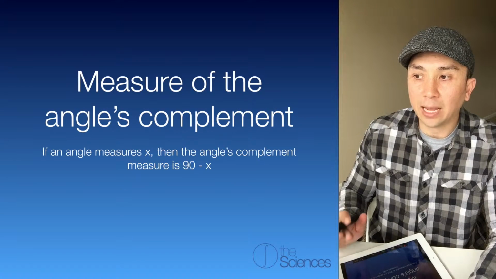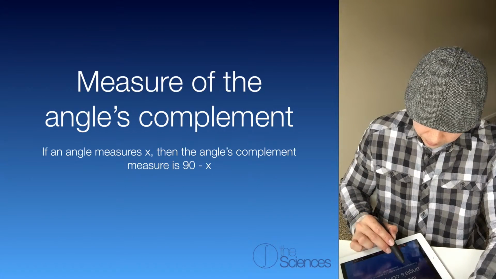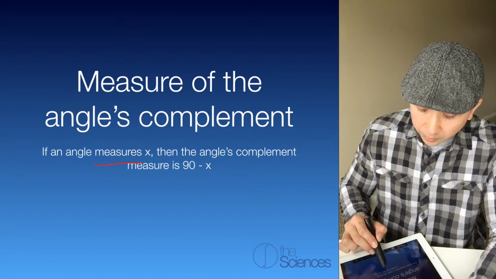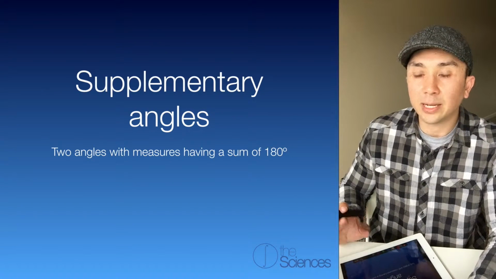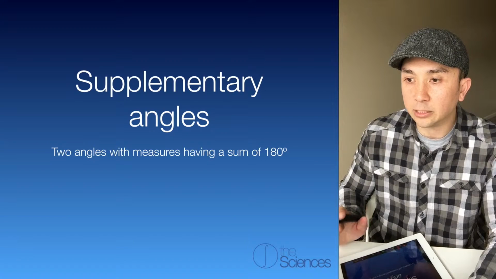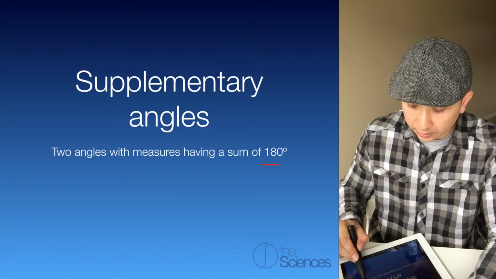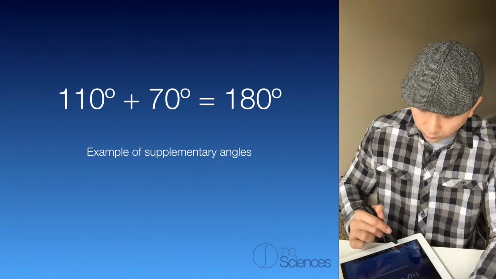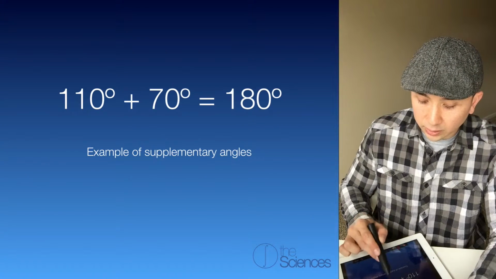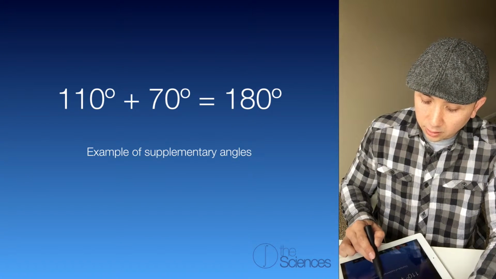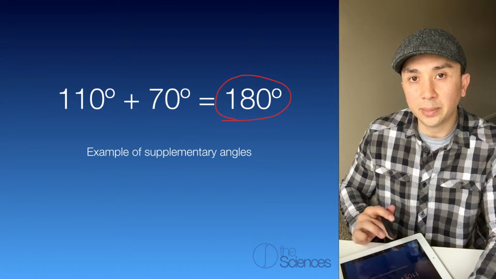Now if an angle measures x, then the angle's complement is 90 minus x. A supplementary angle is two angles with measures having a sum of 180 degrees. So if one angle was 110 degrees and another angle was 70 degrees, and the sum was 180 degrees, then these angles are supplementary angles.